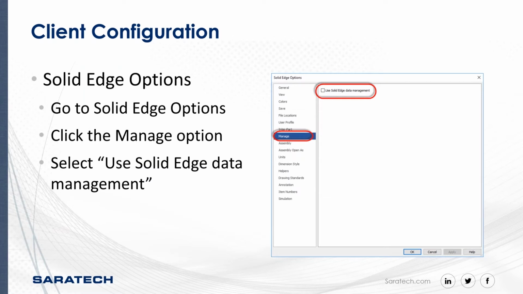So you're going to get all your local files in your properties folder configured, and then we're going to copy those properties over to this server shared file location and point to those. And we'll walk through that whole process. So once on the client computer, we'll use the Solid Edge options dialog box and switch to manage and hit the checkbox, and you're at the beginning of configuring your data management.